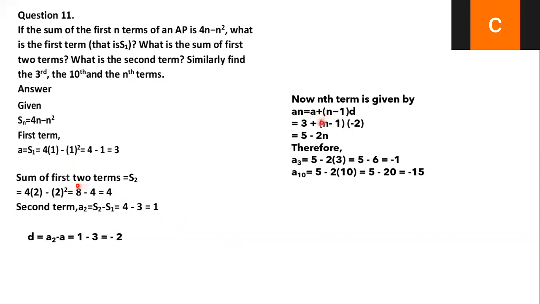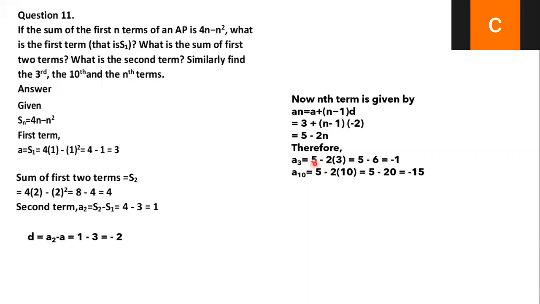So once we get D value, now nth term. They're asking, similarly find the third and 10th and nth term. So third term is A plus 2D, children. Yes, ma'am. Third term is A plus 2D. What are you getting? Minus 1. A plus 2D.